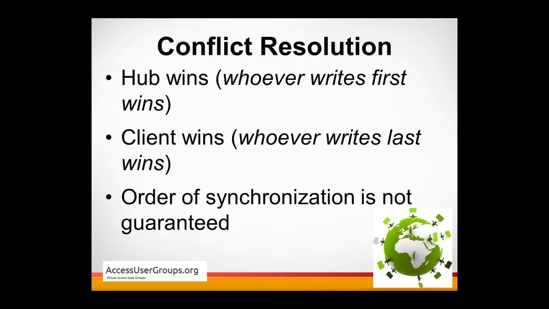So the only changes that would be seen would be those of the person who won the hub. And if the client wins, it doesn't matter who was first; whoever was the last person to click onto the hub keeps whatever changes they had made.